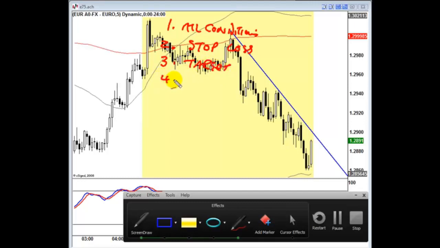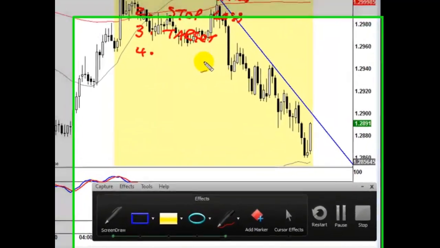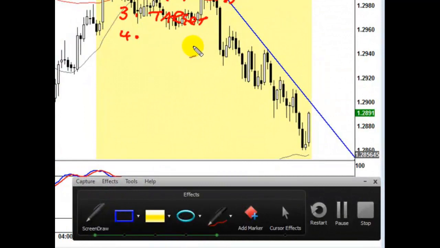And 4, we want to use the principle of support becomes resistance, or vice versa.